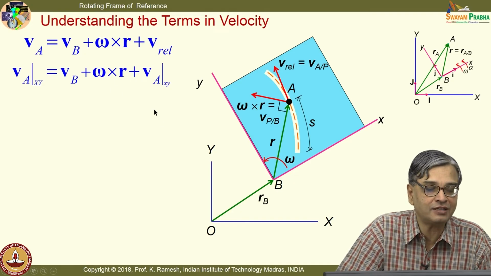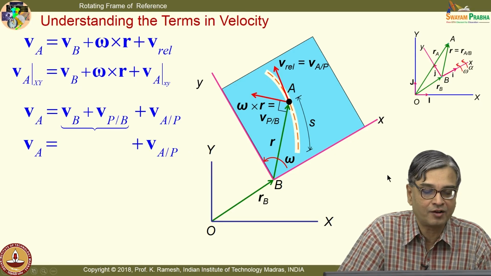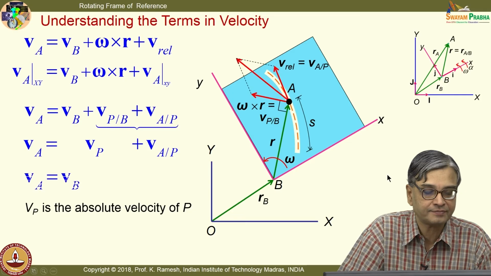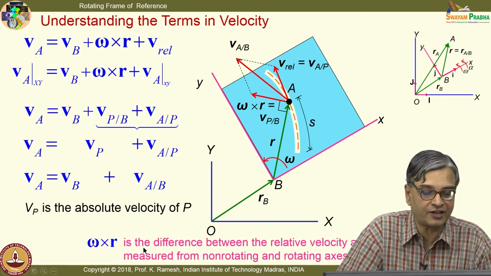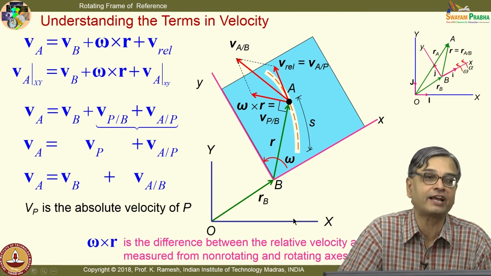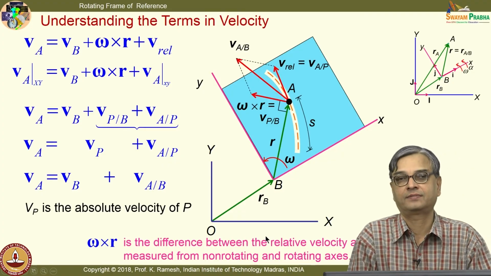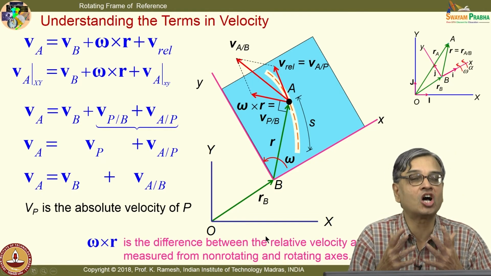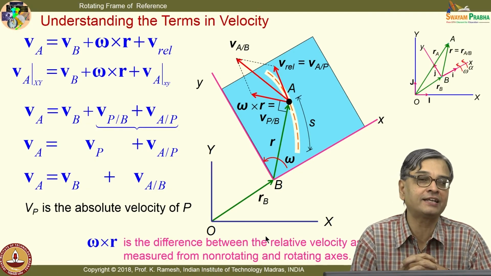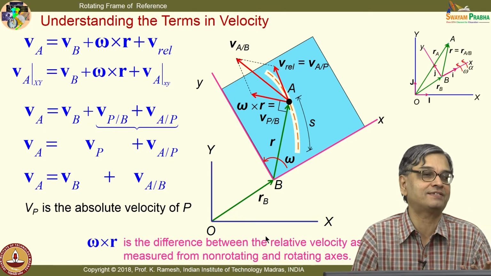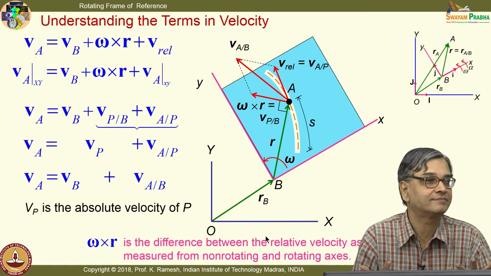So, we give life to this, and finally, the message of the discussion is: omega cross r is the difference between the relative velocity as measured from non-rotating and rotating axis. It is a caution that omega cross r, a person who is rotating with the object does not perceive this. That is the message.